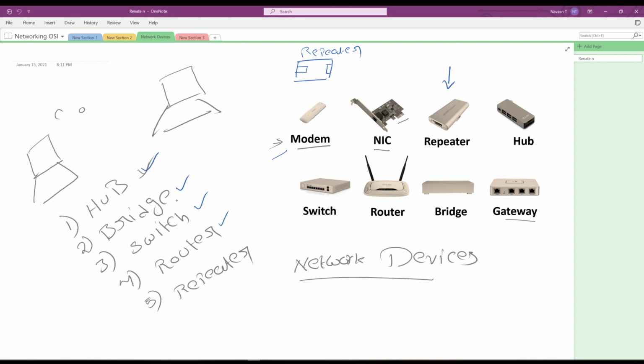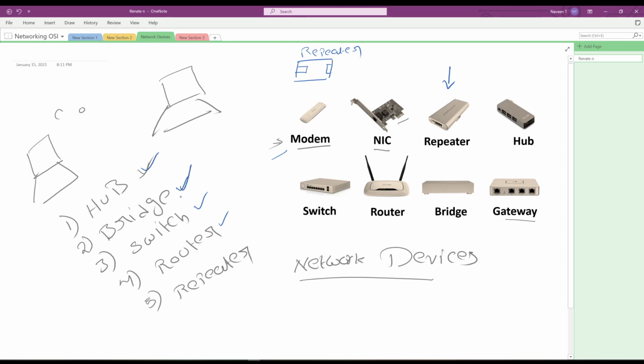Let's say you are living in a very big home and you are not getting Wi-Fi signal in your room. What you can do is put a repeater outside your room, so that the signal is repeated and you can use the internet, Wi-Fi at full strength. And now what is another device?